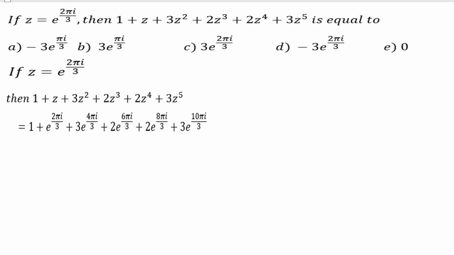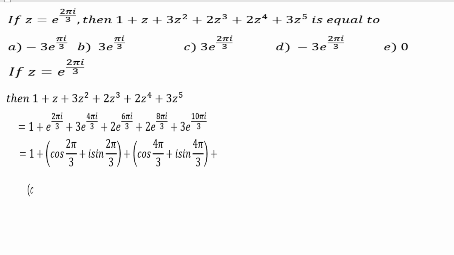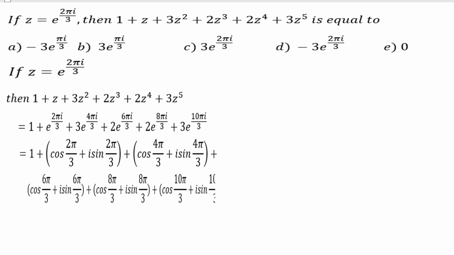We know that e raised to i theta equal to cos theta plus i sin theta. So we get 1 plus cos 2 pi by 3 plus i sin 2 pi by 3 plus cos 4 pi by 3 plus i sin 4 pi by 3 plus cos 6 pi by 3 plus i sin 6 pi by 3 plus cos 8 pi by 3 plus i sin 8 pi by 3 plus cos 10 pi by 3 plus i sin 10 pi by 3.